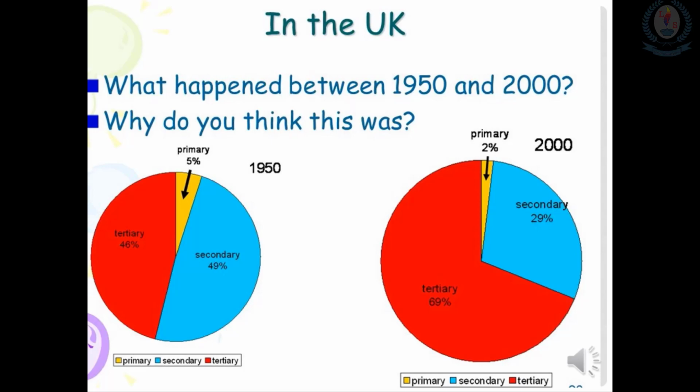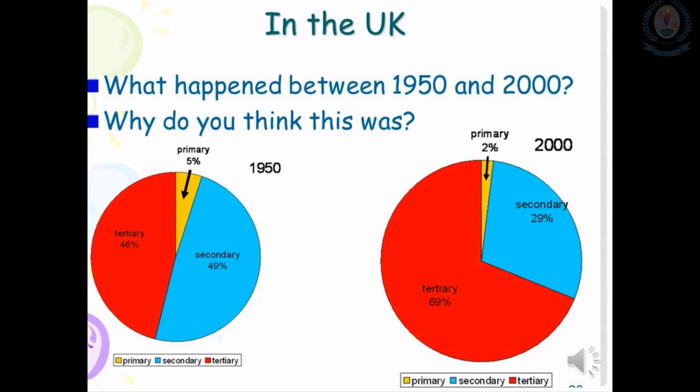When you compare the tertiary sector, in 2000 it is 69%, whereas in 1950 it was 46%. The secondary sector has also declined here.